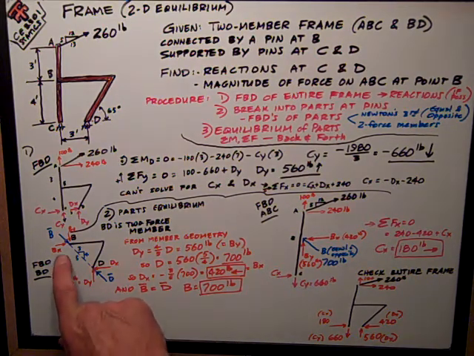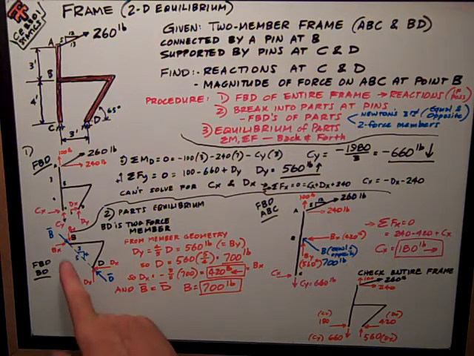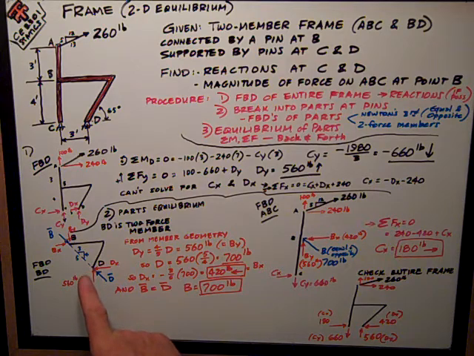Let's do a free body diagram of part BD, this bent member, because I've identified it as a 2-force member. Force only at 2 points on the member, and they have to be collinear. I may not know initially what the directions are, but I do know that they have to lie along a line connecting those 2 points where the forces are applied.